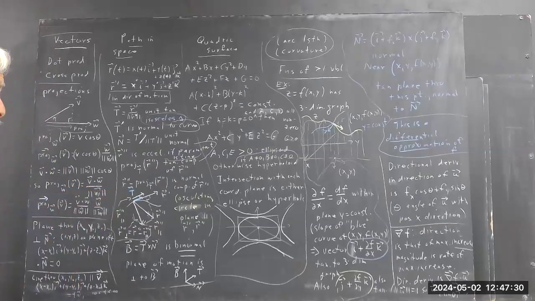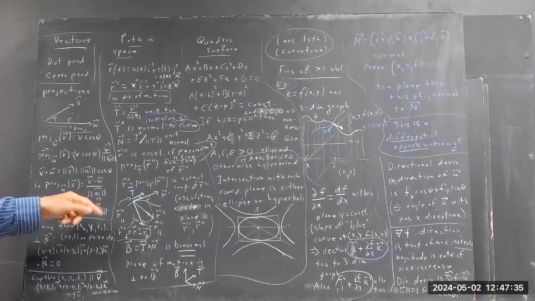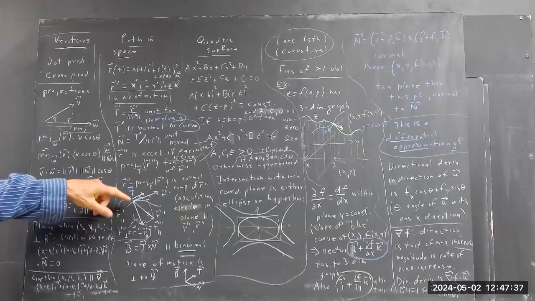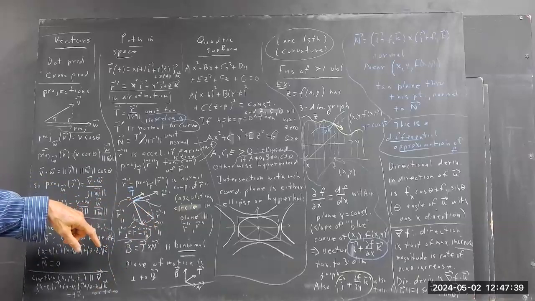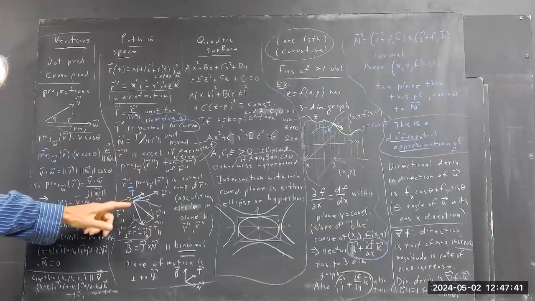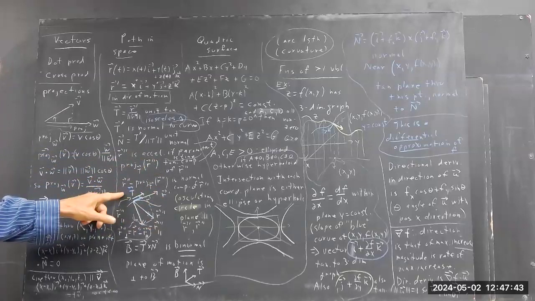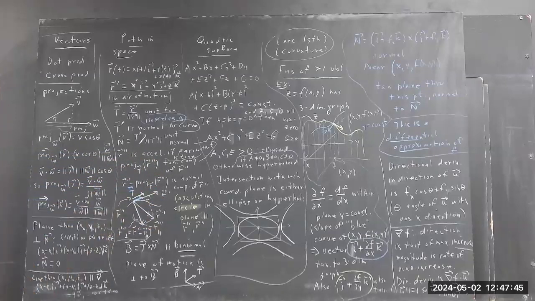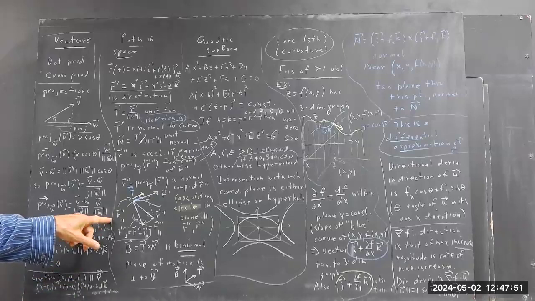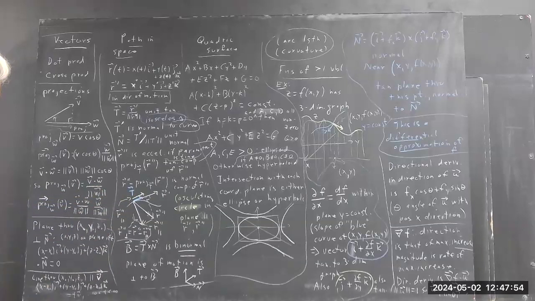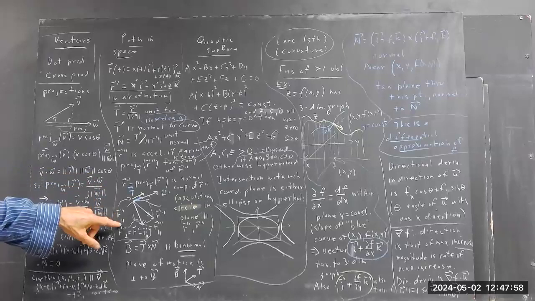r double prime minus this projection. Well, here's r double prime. Here's your projection of r double prime on the unit tangent vector. Here's r prime. Here's the unit tangent vector. And I've got this labeled as r double prime parallel.